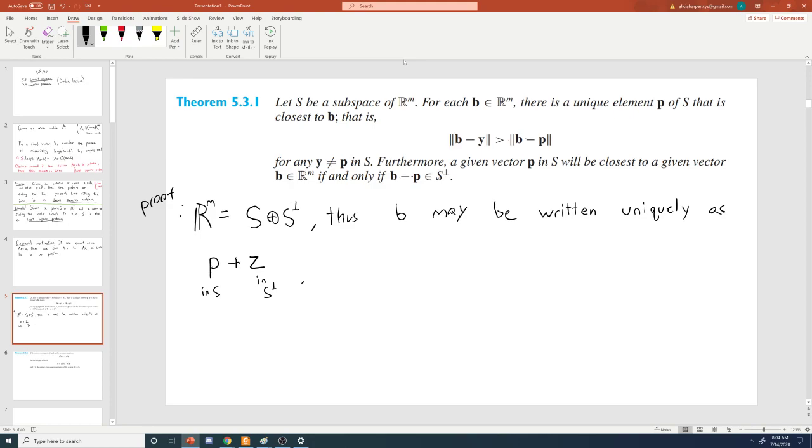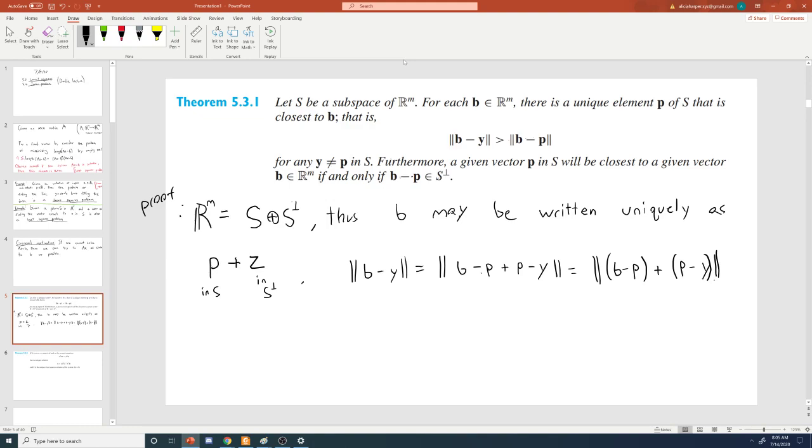Now we can look at the length of b minus y. This is the same thing as b minus p plus p minus y. All I'm doing is putting in a negative p and a positive p to cancel each other out, and we can gather terms.